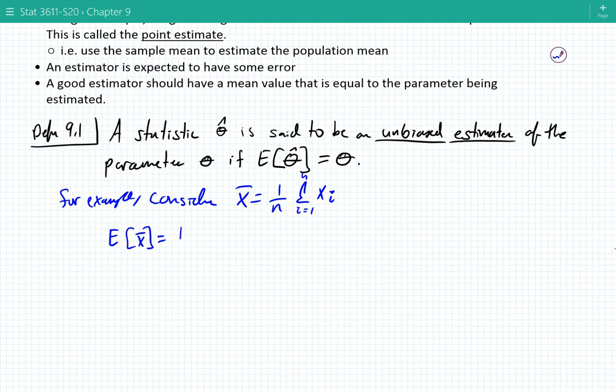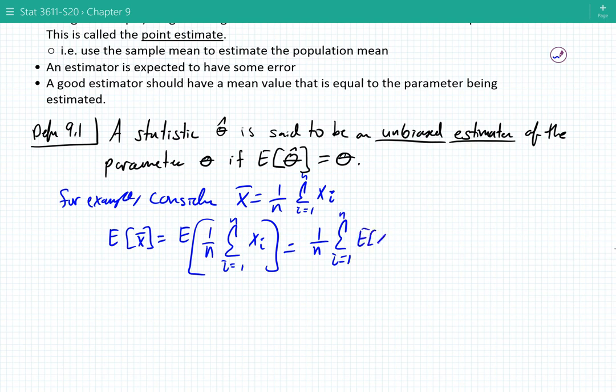Well, this would be the expected value of 1 over n times the sum as i goes from 1 to n of xi. And with the linearity of the expected value, remember, these are just adding a bunch of terms up, right? So we can write this as 1 over n times the sum of the expected value of each of the xi's.